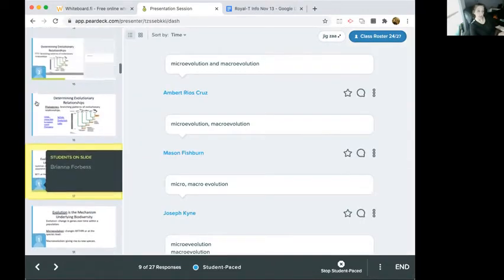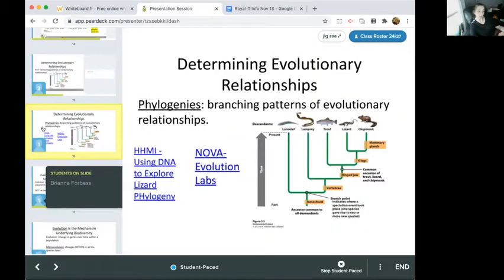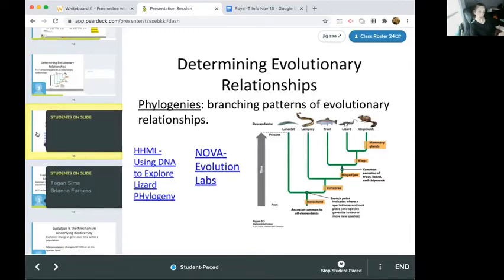Brianna's on slide 6, 17, 16. Let me see. Nope, nobody's on 16 at the moment. Well, it says you were on the right link, but I don't know if you changed. This is the link, and I fixed it on the week at a glance as well.